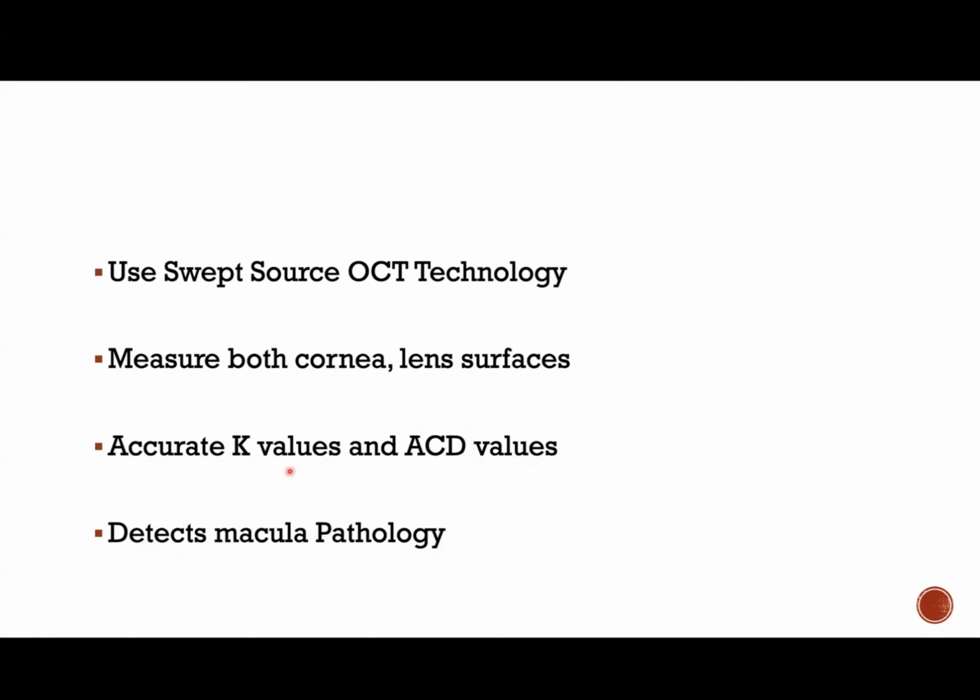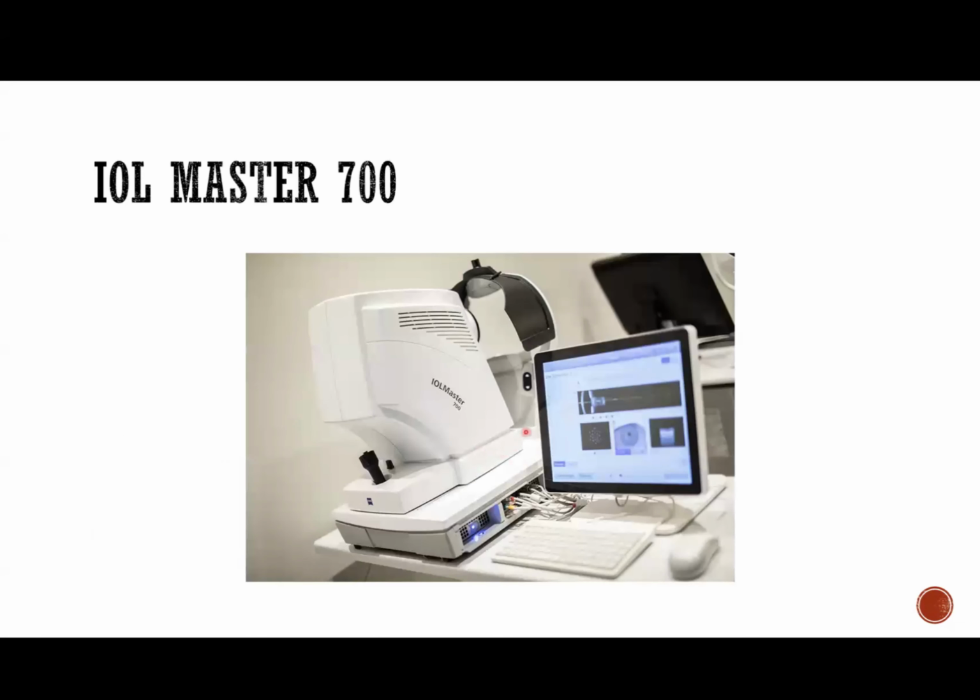If you look at the screen, it shows from the cornea up to the fovea. As I said, it is a swept source OCT, so it gives the macular OCT picture. That is a huge advantage.